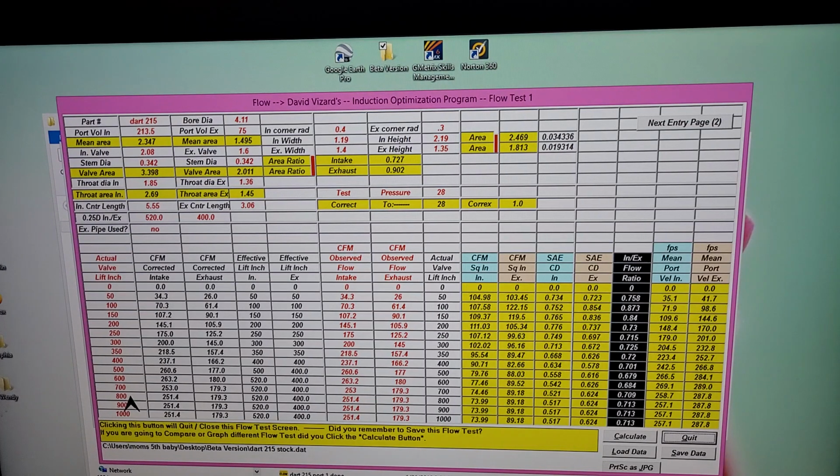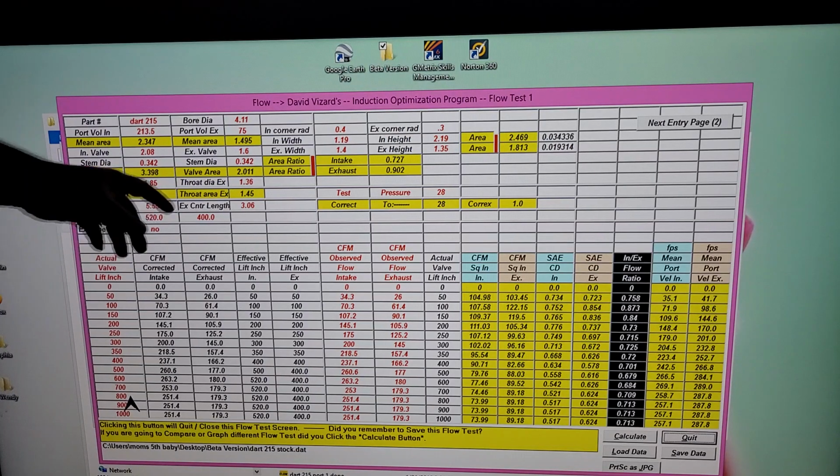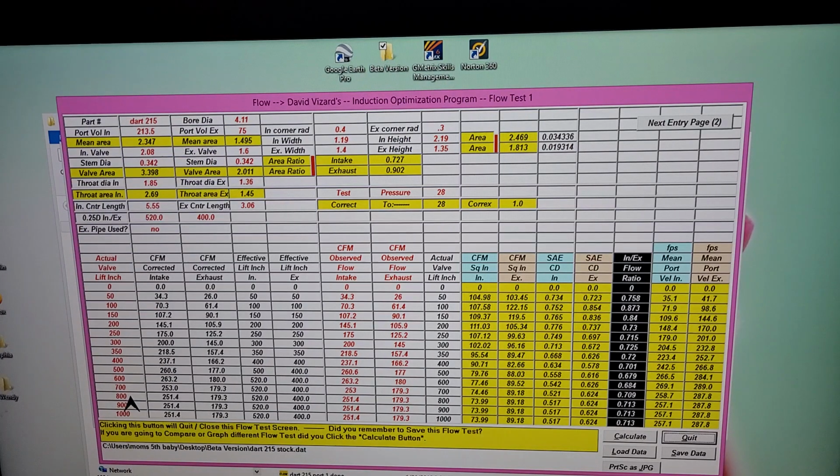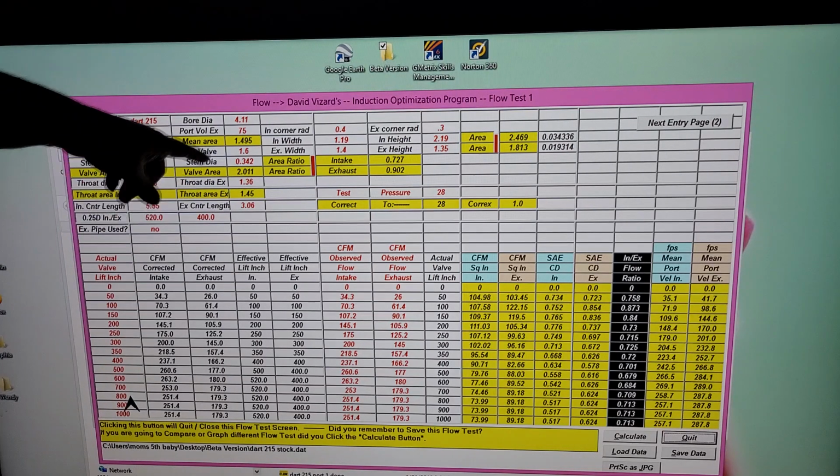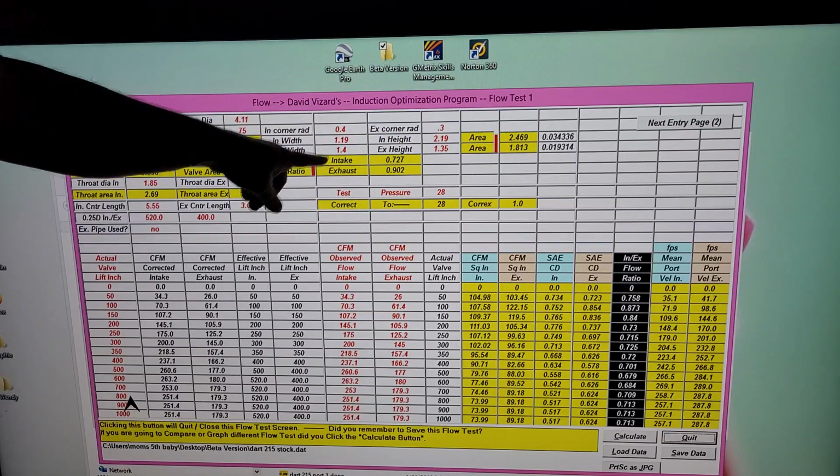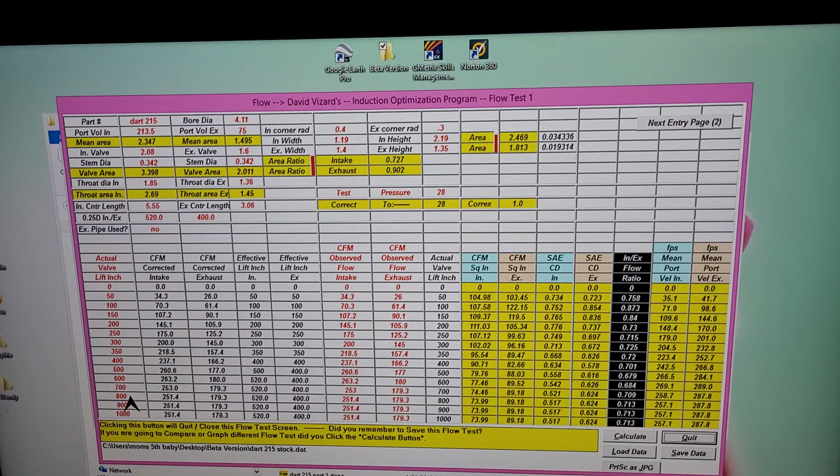I'm going to have to show you guys how we do the length of the port. Measure the top of the port, measure the bottom of the port, and we take the average. Bore diameter, that's from my bore adapter. That's all I have is a 411. Exhaust port volume, exhaust port valve size, throat diameter. And then it gets into details, how big it is, corner radiuses, and so forth. And then, of course, the flows.